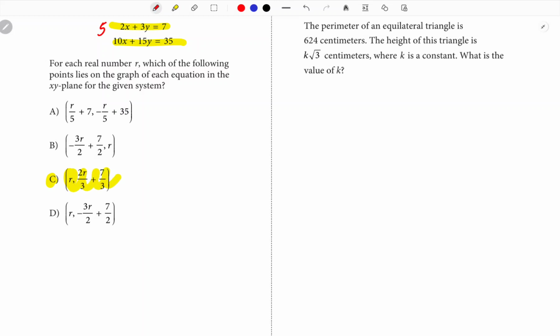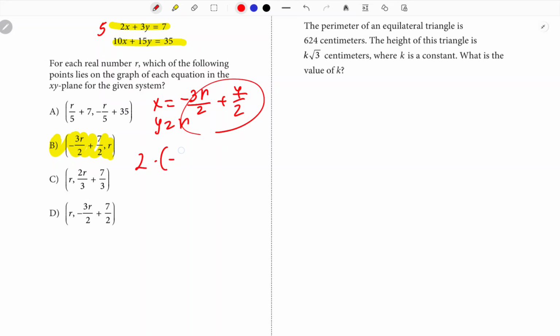So what does it mean? No, only B. Answer is B. That's why I only check B. If you want, you can check other options. So here x is equal to negative 3r over 2 plus 7 divided by 4, and y is equal to r. Instead of x and y, I write here in these equations.